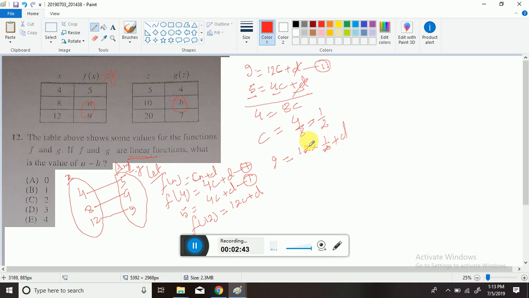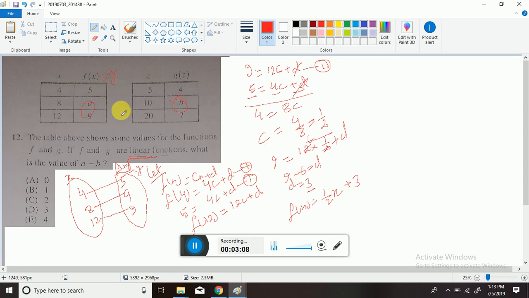So 2 sixes are 12, that means 9 minus 6 equals d, which implies d equals 3. Now we got the value of c and d. So our function f x is 1 by 2 x plus 3.